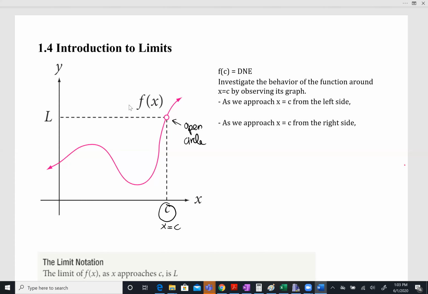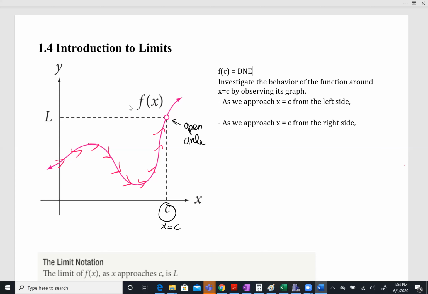From the left side, I know that the graph is moving toward, I mean the graph approaches, the graph is going up to L when x approaches c from the left side, right?